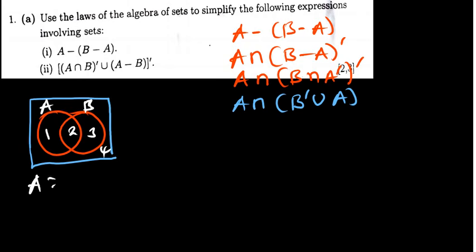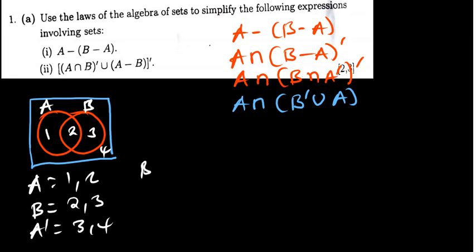A will be 1, 2. B will be 2 and 3. A complement is 3 and 4. Then B complement is 1 and 4.